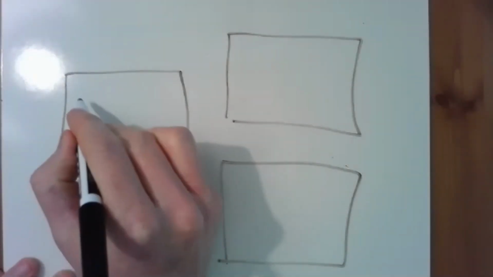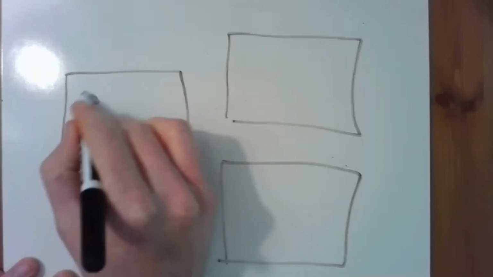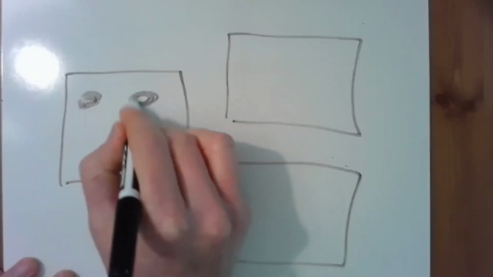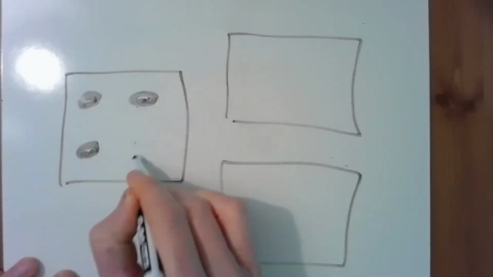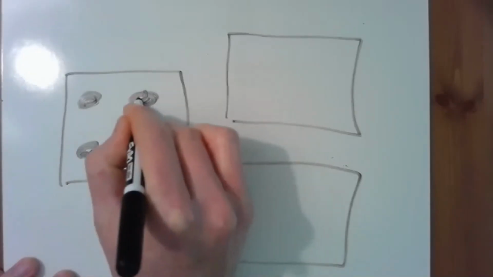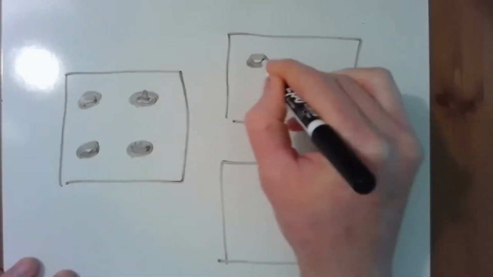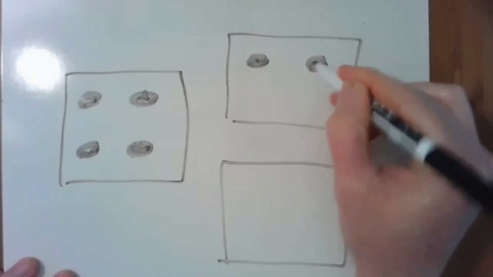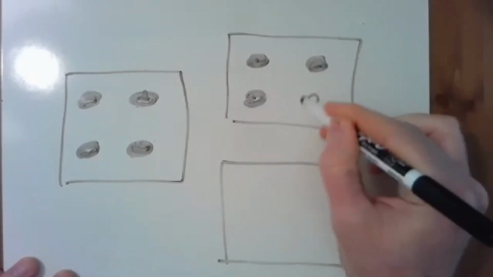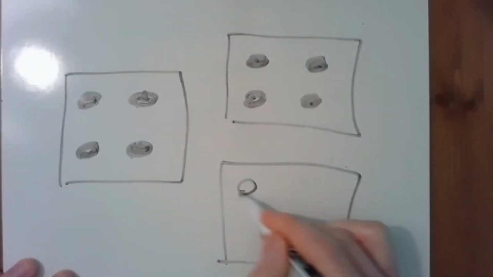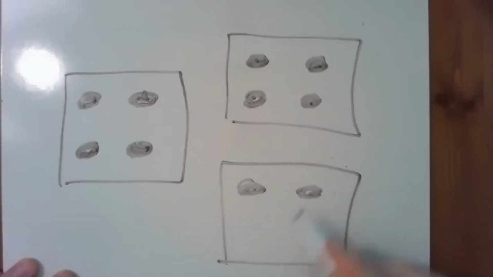Okay, so when your peers get some worksheets, they're going to get a worksheet that has some boxes on it with some circles inside of it. There's maybe going to be 3 boxes there, and there are going to be 4 circles in each box. And maybe you get a tactile version of this.